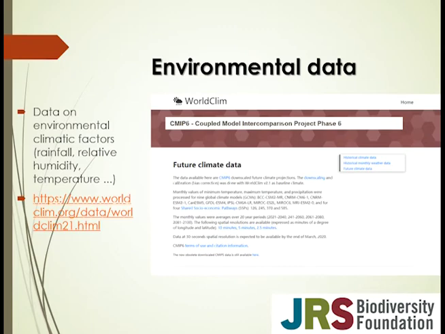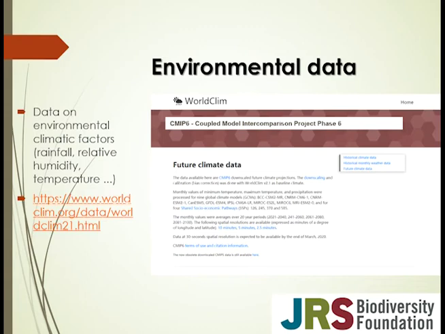For instance, the shared socioeconomic pathway 1 is roughly approximated to the RCP, representative concentration pathway, 2.6, and the shared socioeconomic pathway 2 roughly corresponds to RCP 4.5.